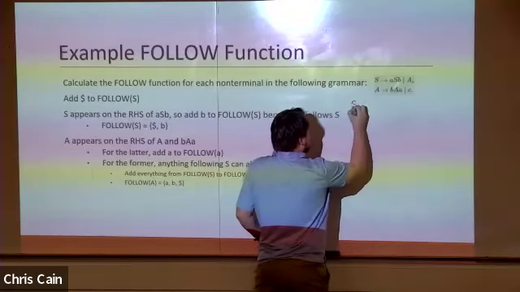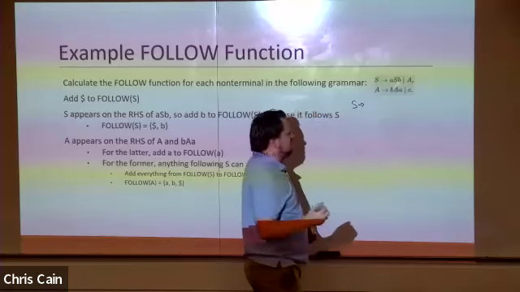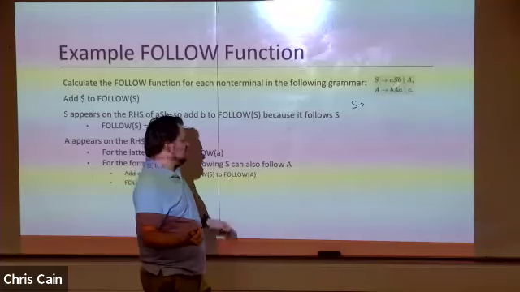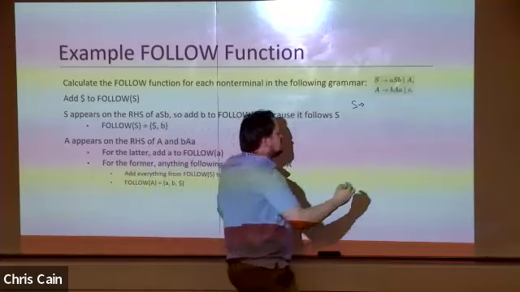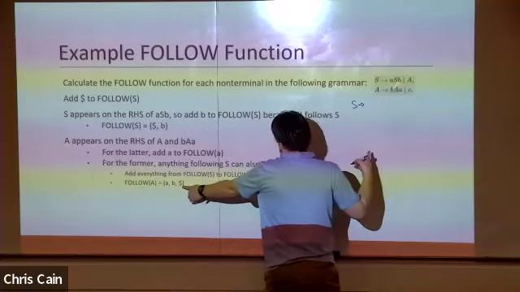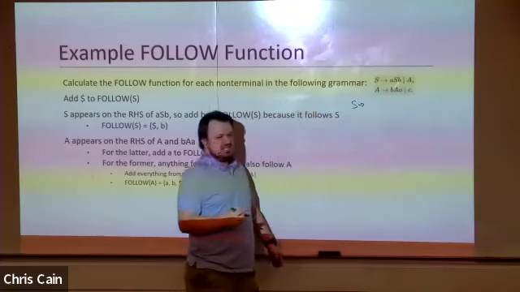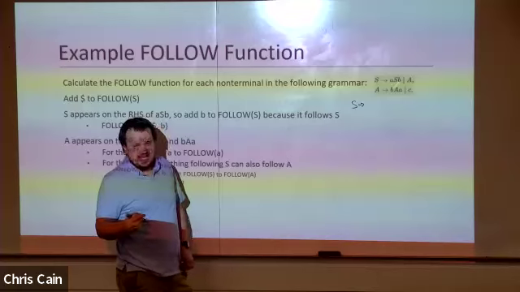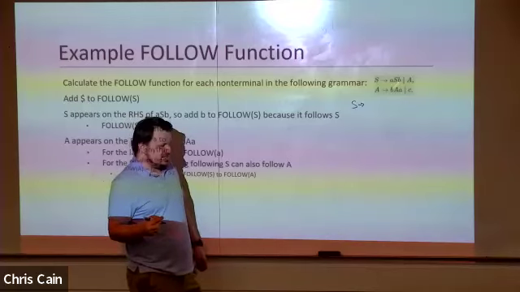So let's start with S and see if we can generate something where eventually what follows that A is each of these characters. The easy one is the dollar sign. How could we proceed from here such that we derive an A, and at the end of that is the end of the string?